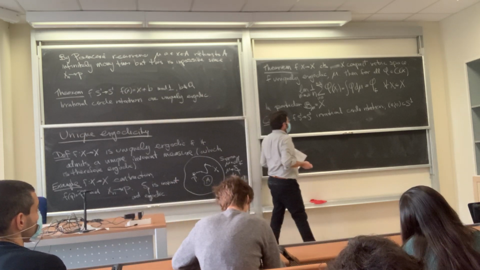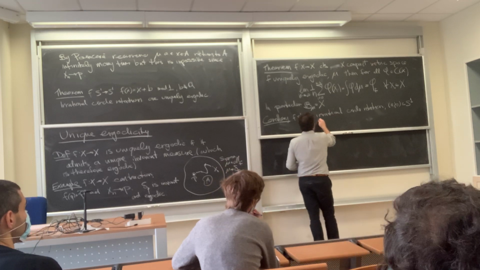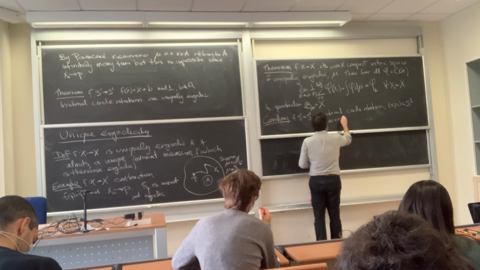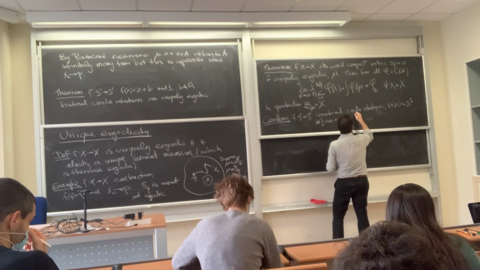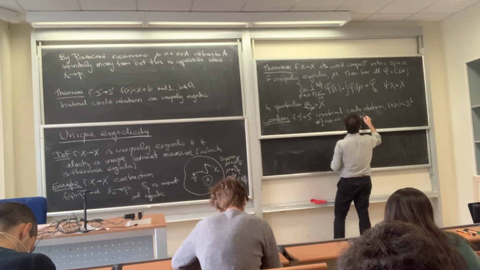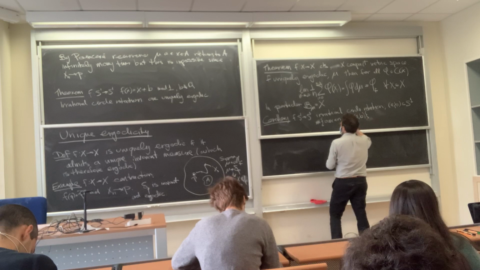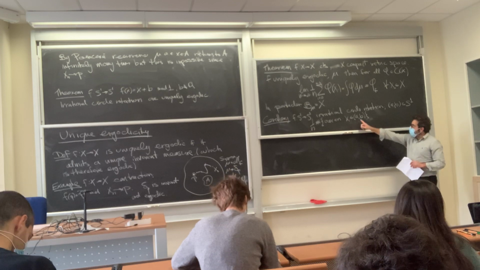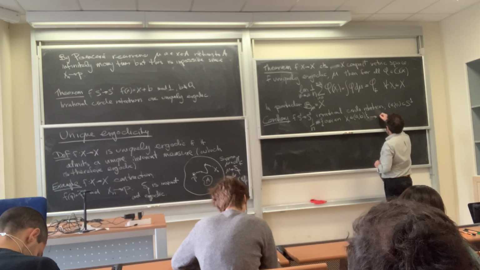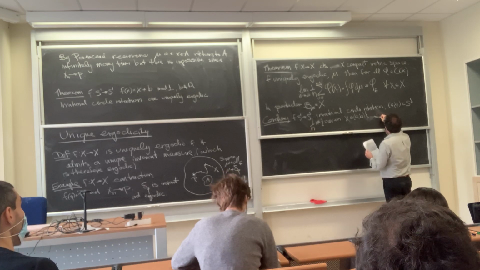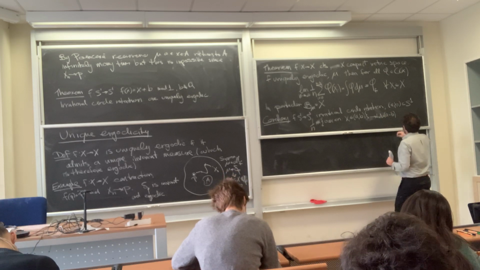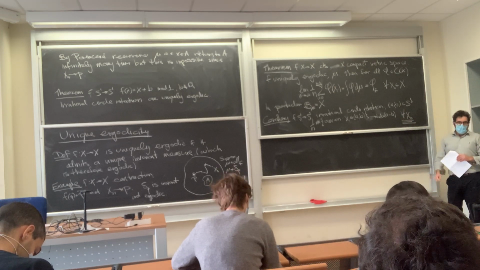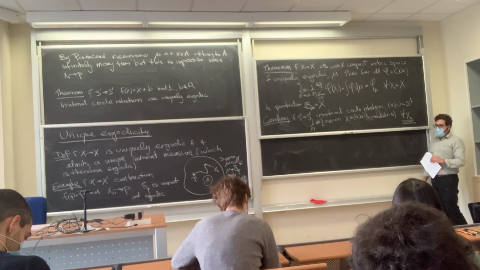So if we look at the number of indices between 0 and n such that x_i belongs to this arc AB, and we divide by n, this is the usual frequency of the orbit, and it converges to the length of AB, the Lebesgue measure of AB, for all initial conditions. This is the difference from the Birkhoff ergodic theorem.